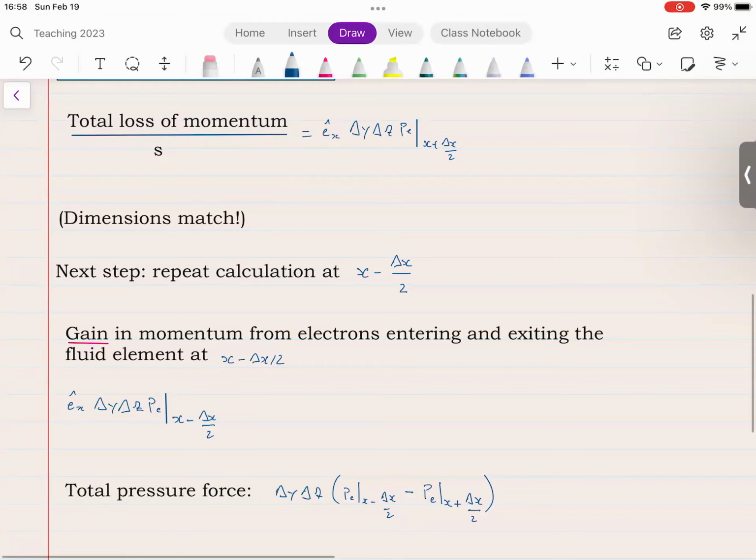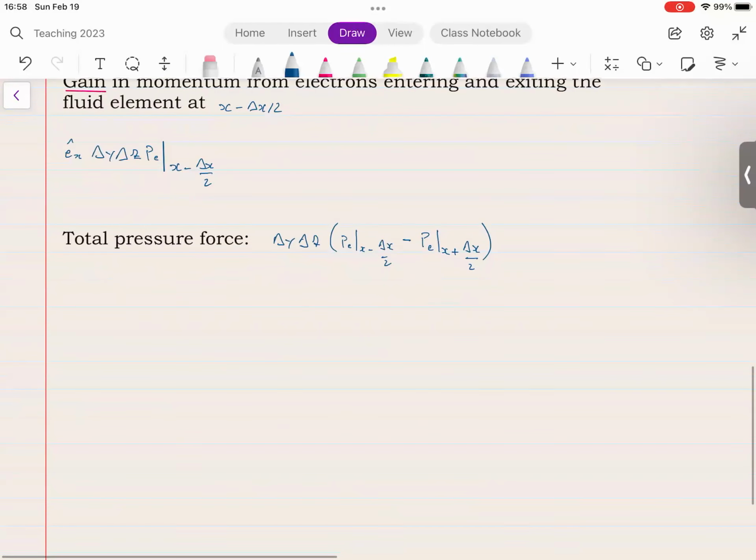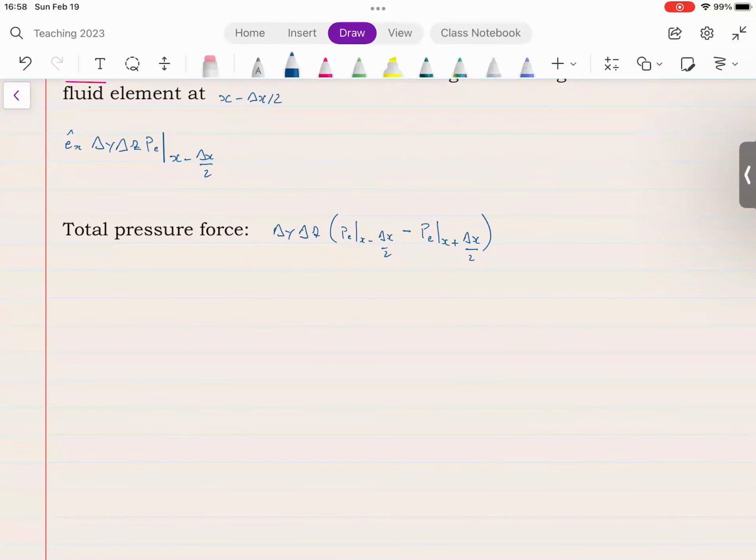Now, where did that minus sign come from? Well, we calculated the loss of momentum, but remember the pressure is going to be a positive number. And so is the area, delta y times delta z.